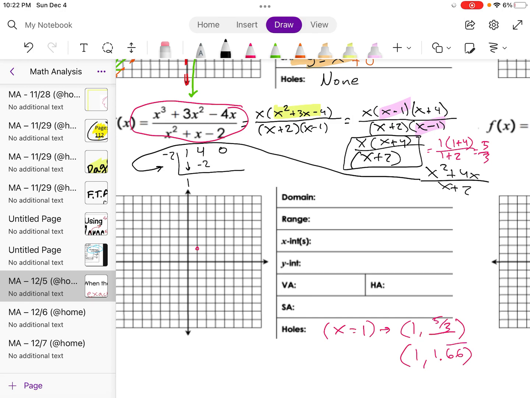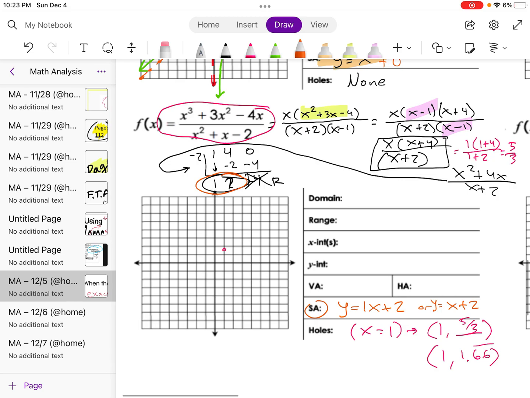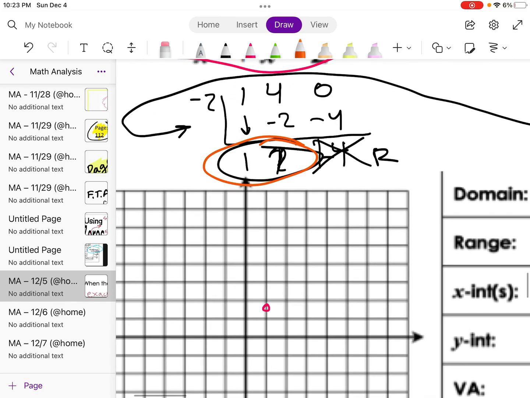We can do it as 1, 4, 0, negative 2. 1, negative 2, 2, negative 4, negative 4. Which we don't care about the remainder. We just care about this piece. So my slant asymptote is going to be y equals 1x plus 2, or just x plus 2.